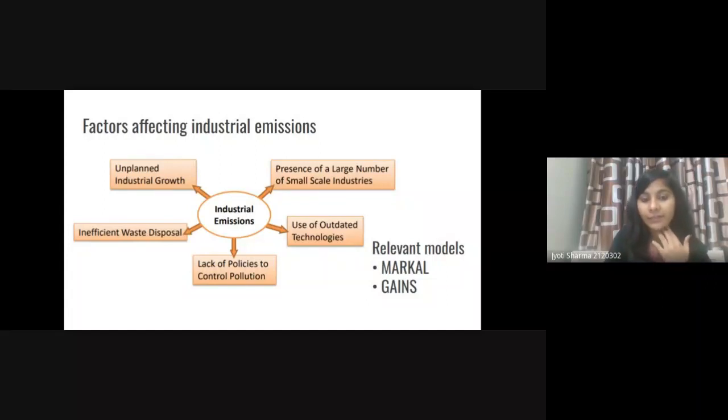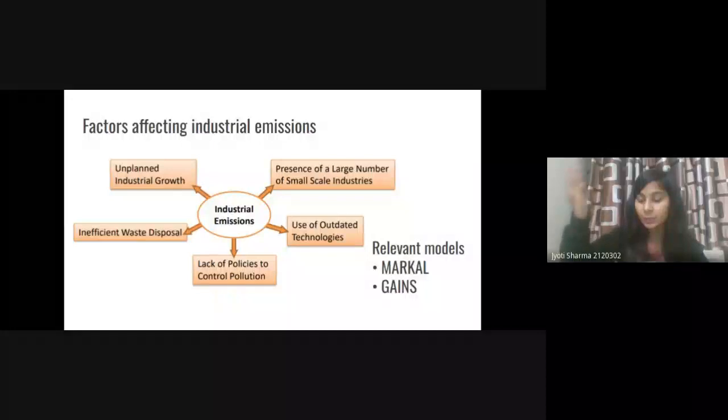And there are some factors that will affect your industry's emission. For example, a very small scale industry may not have a sufficient budget to buy a machine that may reduce the emission of toxic chemicals into the atmosphere. But a large scale industry, for example one owned by Reliance, owned by Ambani, has enough money to buy such instruments or machines that can treat the pollutant before releasing it into the atmosphere.